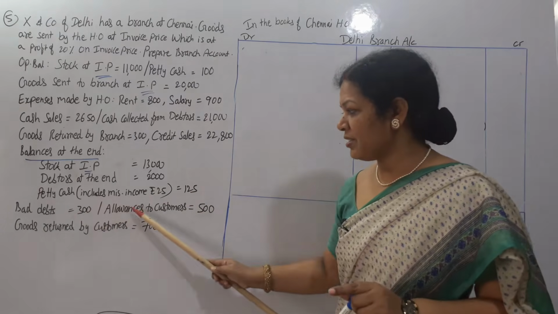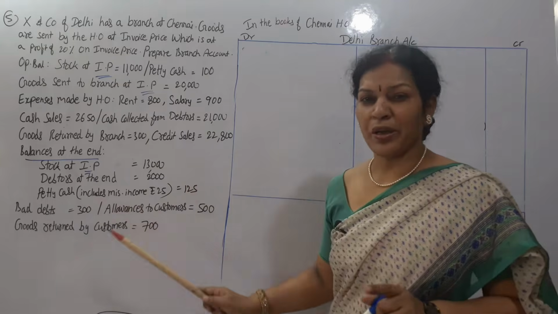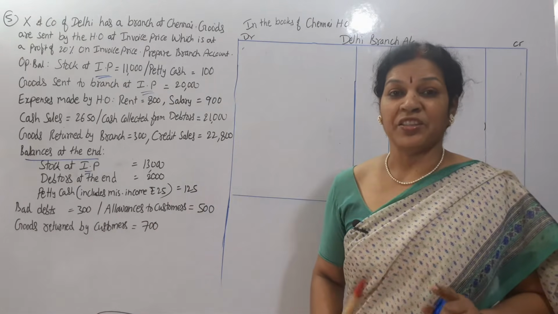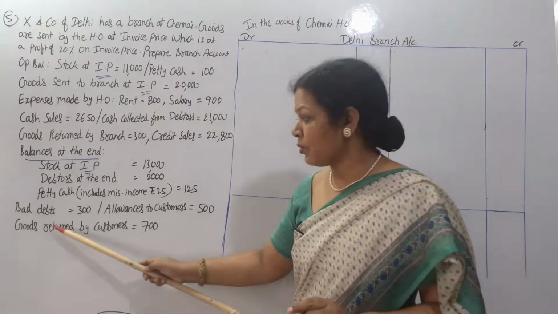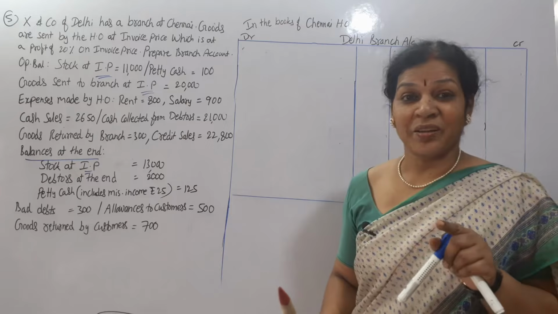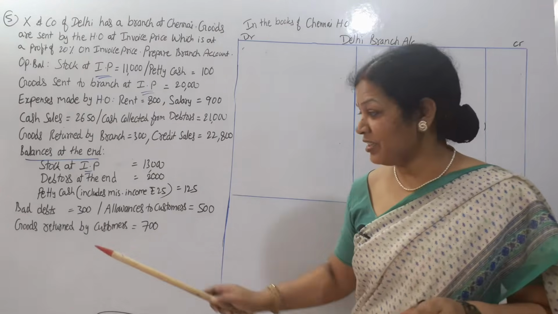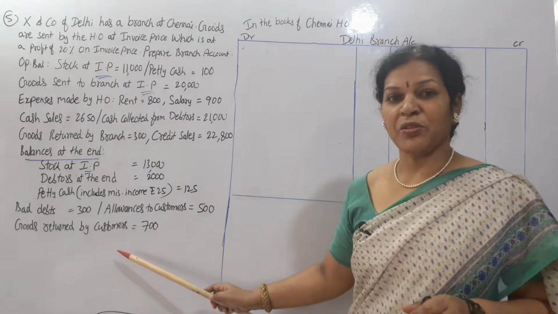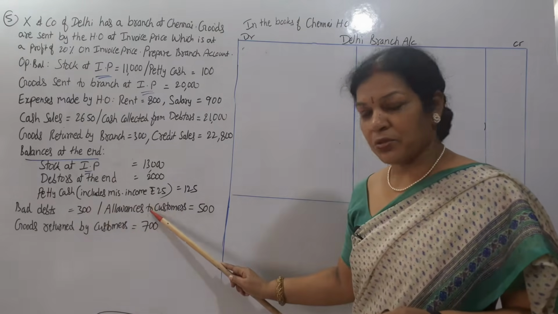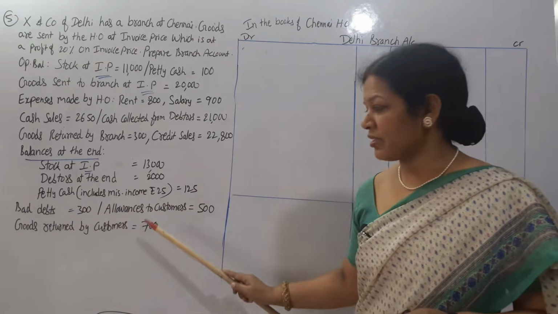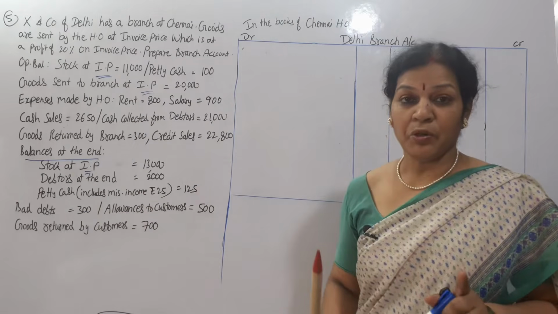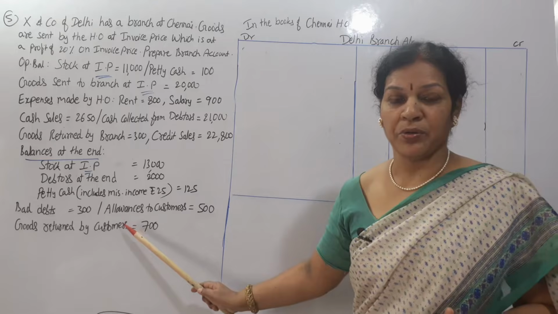Now bad debts, allowances to customers, these two are related to the debtors. We don't write them in the branch account. In the same way, goods returned by customers, not returned by branch office, returned by customers, this is also related to the debtors. These three, bad debts, allowance to customers, goods returned by customers, are related to the debtors. When we open the debtors account, there we are going to take them.